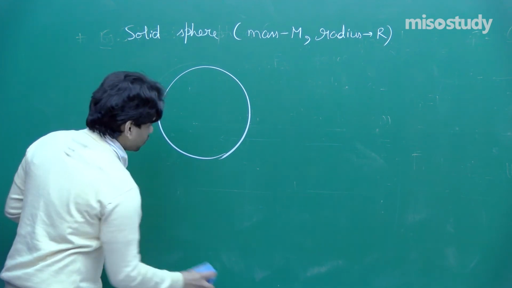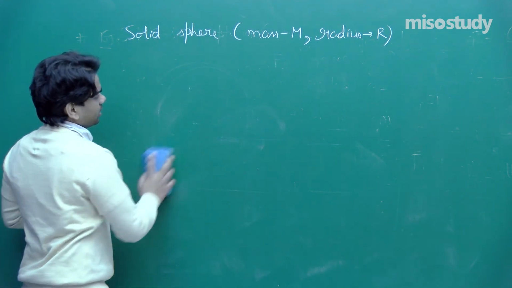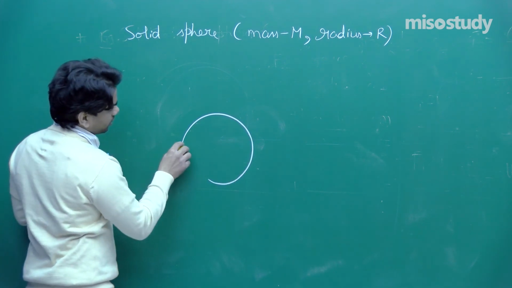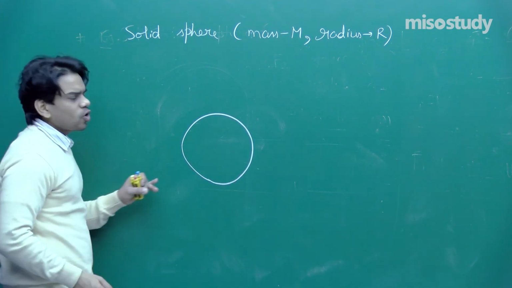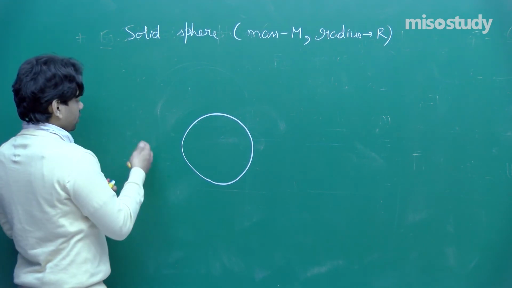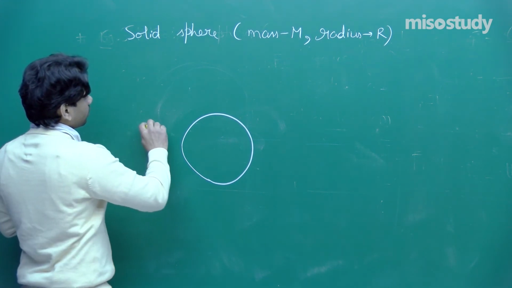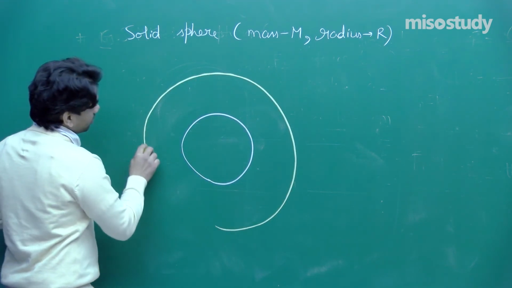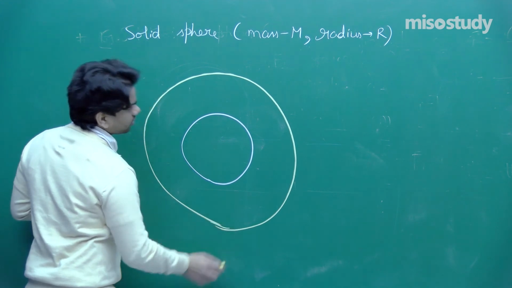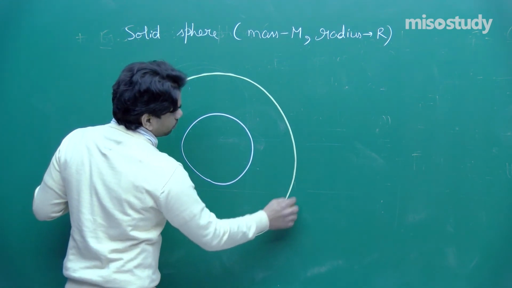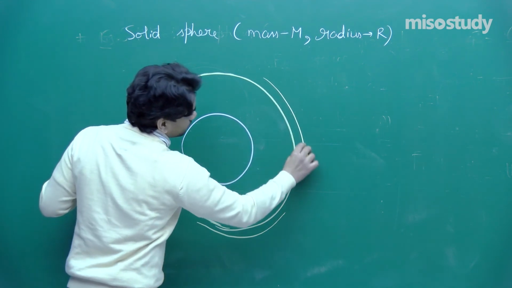Now let me show you this entire arrangement differently. Solid sphere, this is what has been given. Now there is a hollow sphere which is encircling this solid sphere. The only difference between the two is that both masses are the same.